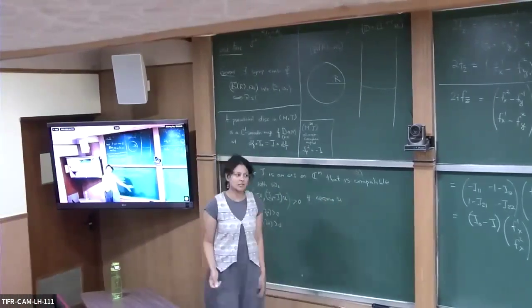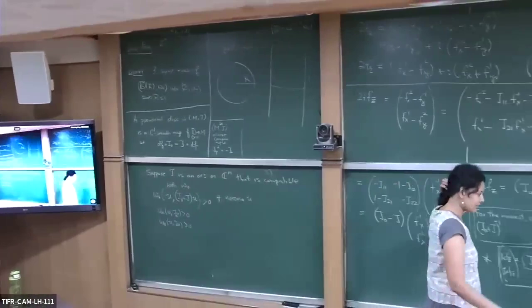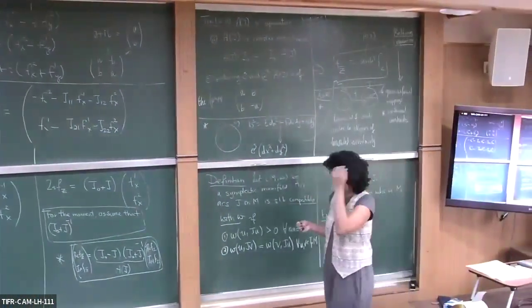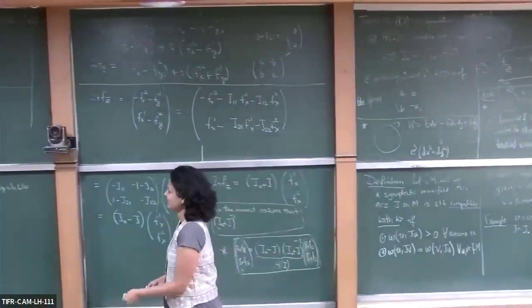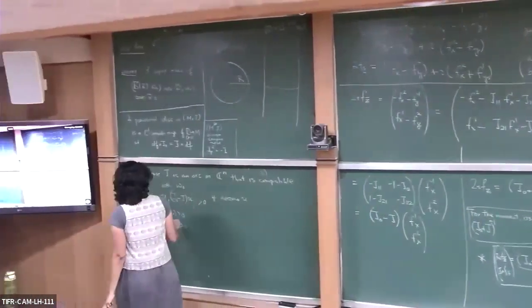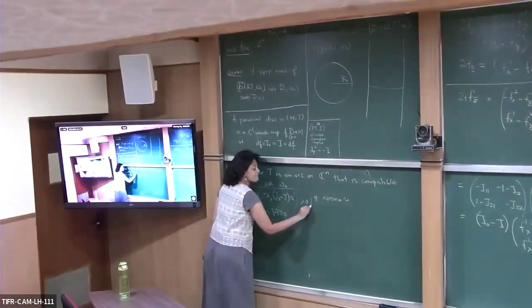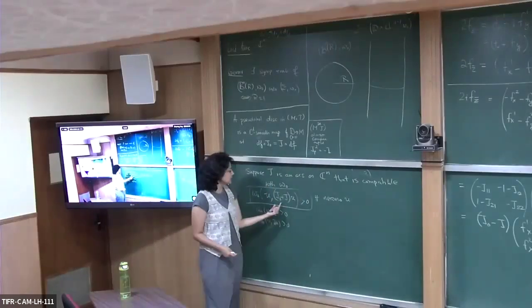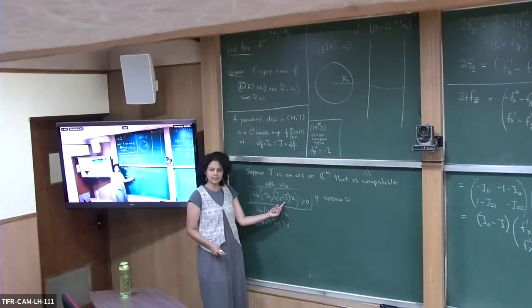What does that tell me about? If I have this example, that tells me that the kernel of this has to be trivial, right?